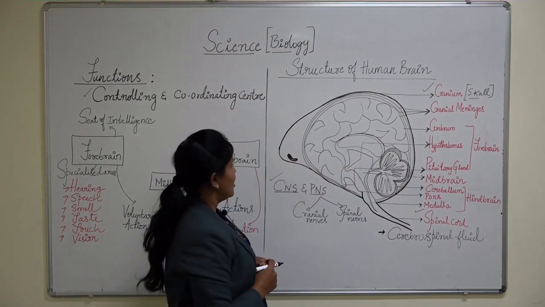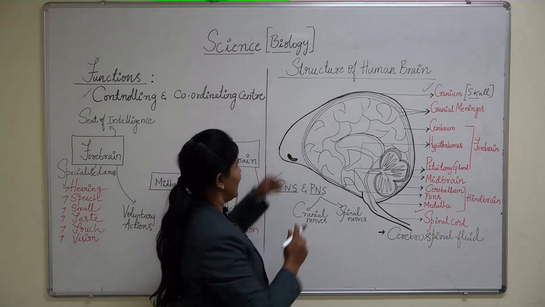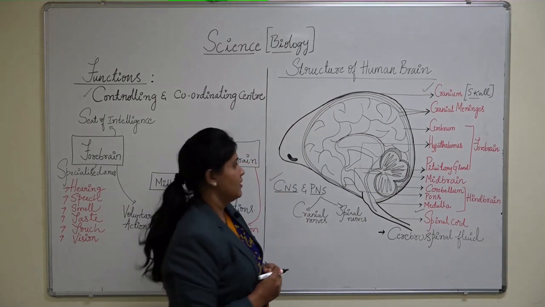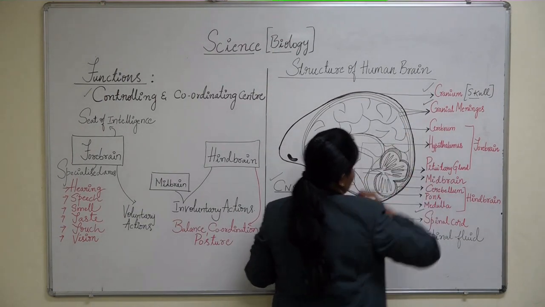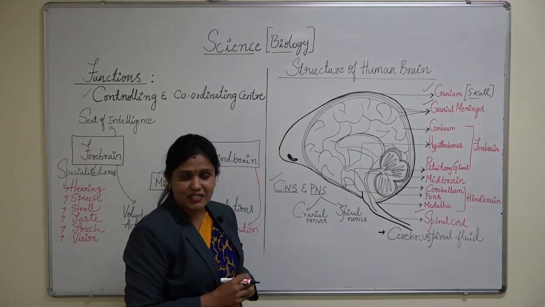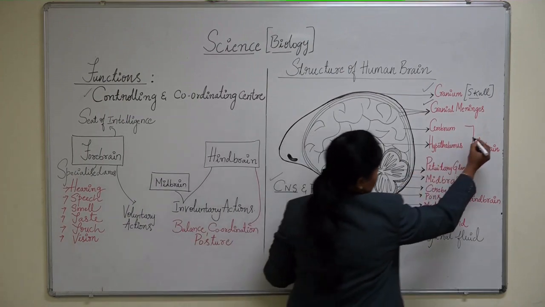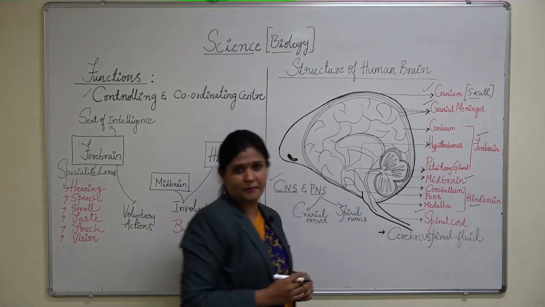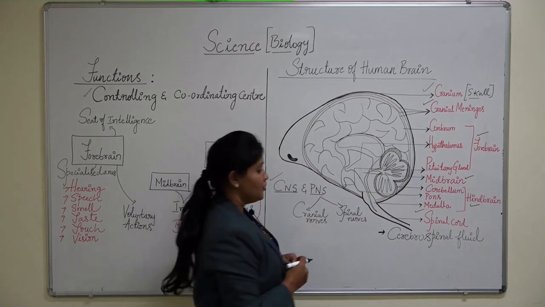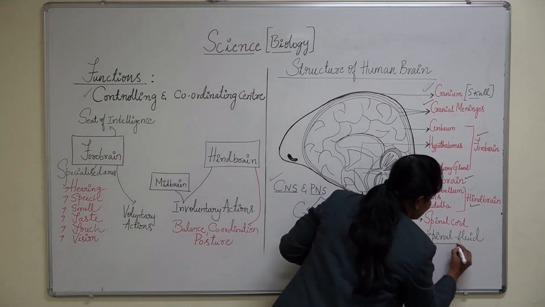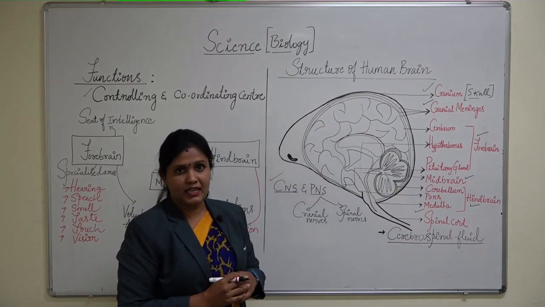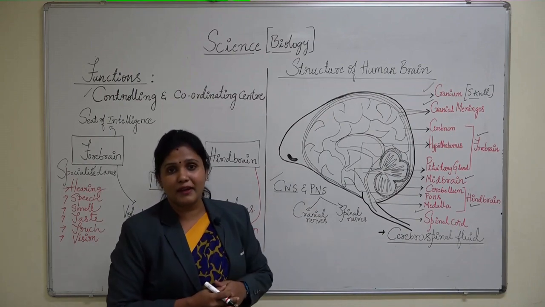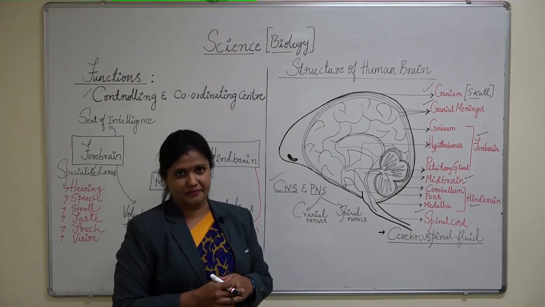Next to the cranium, you can see a thin, triple-layered membranous structure called the cranial meninges. The brain is divided into 3 major parts: forebrain, midbrain and hind brain, which is filled with a fluid called cerebrospinal fluid. The main function of cerebrospinal fluid is to protect our brain from external shocks.